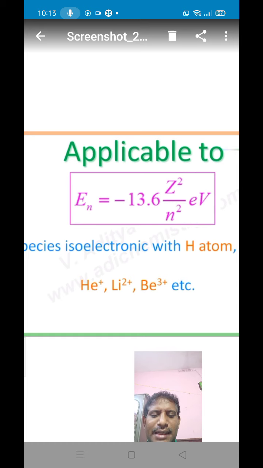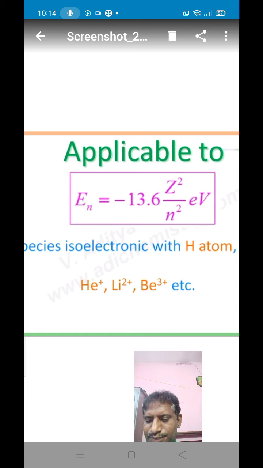It successfully explained the one electron species. Those species are called isoelectronic species. Therefore, Bohr's theory explains the hydrogen spectrum and spectra of ions having one electron, that is helium plus, lithium 2 plus, beryllium 3 plus, each having only one electron.